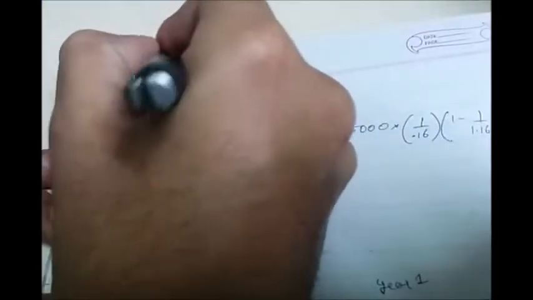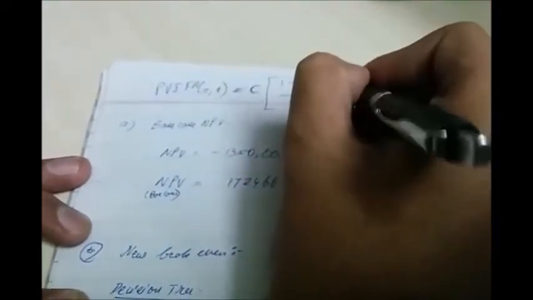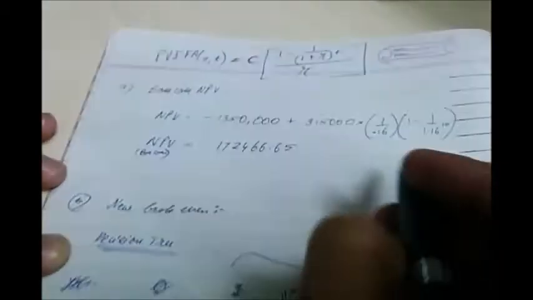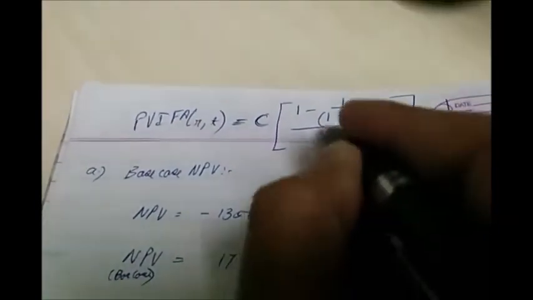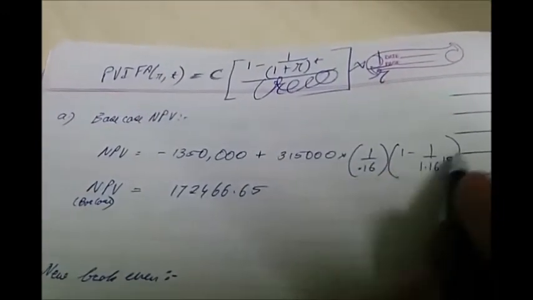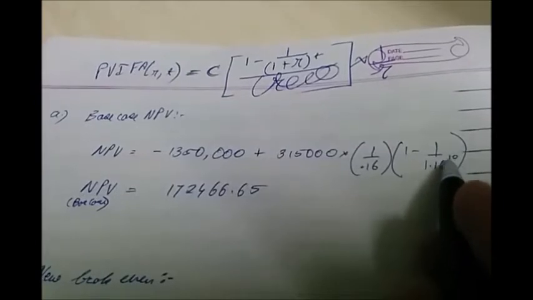The formula for PVIFA is, if we are supposed to get an amount C, at a rate of R for time t, then the formula will be 1 minus 1 upon 1 plus R to the power t, whole divided by R. I have multiplied this 1 by r and cancelled, so this is coming 1 upon 0.16 multiplied by 1 minus 1 upon 1.16 to the power 10.